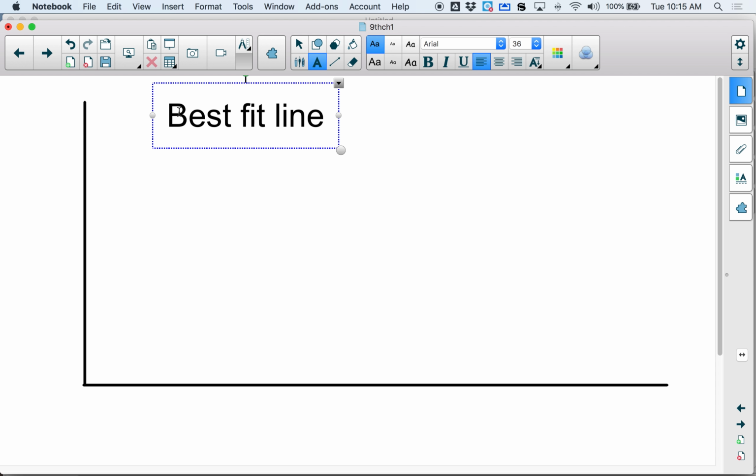It's a little bit of judging, right? It doesn't have to go through any of the points. In fact, a best fit line doesn't have to go through any of the points. So don't try to cram it through one of the points. But we want to go to a place where it kind of looks like it averages and goes between as many of the points as possible. So I would say something like that.